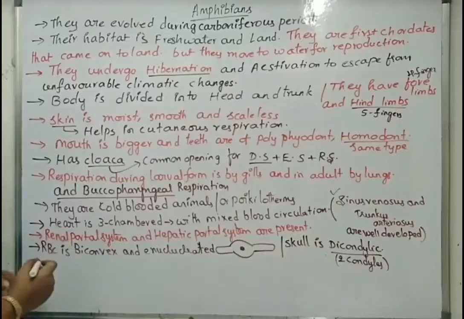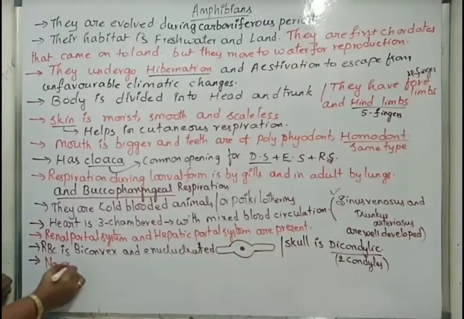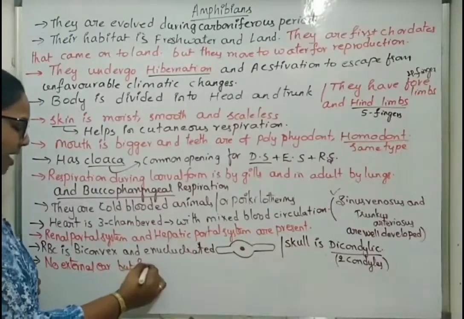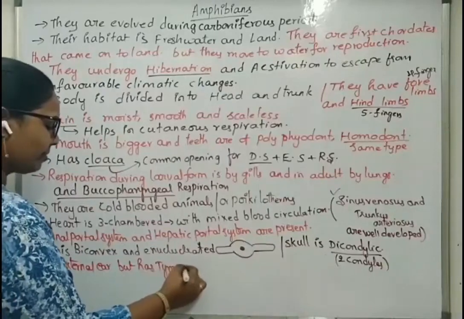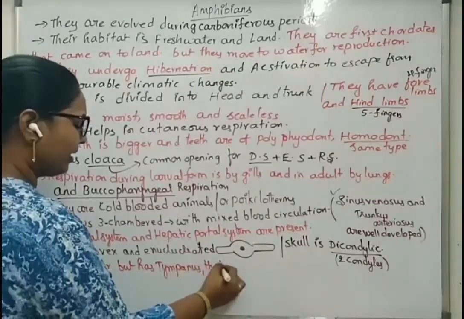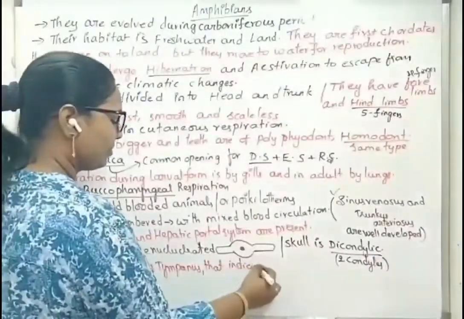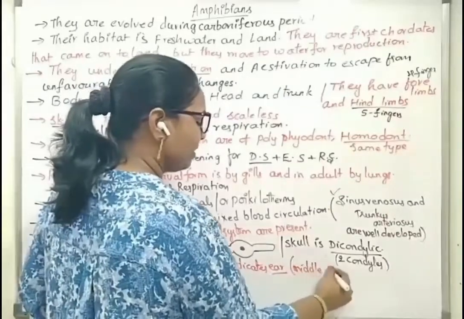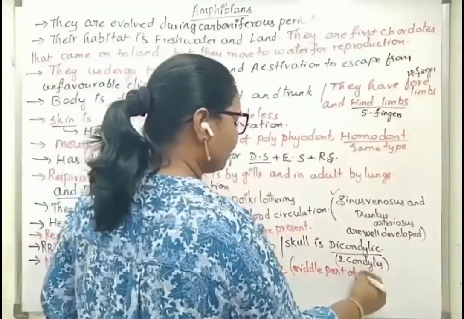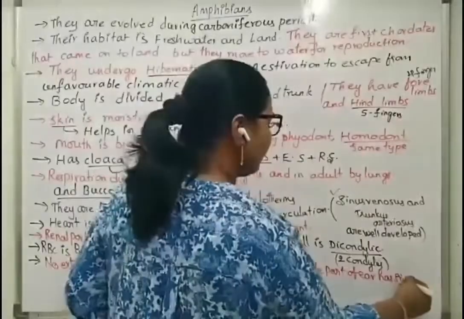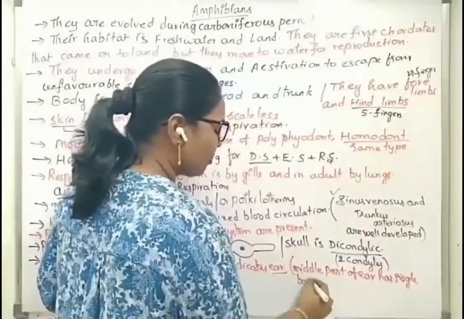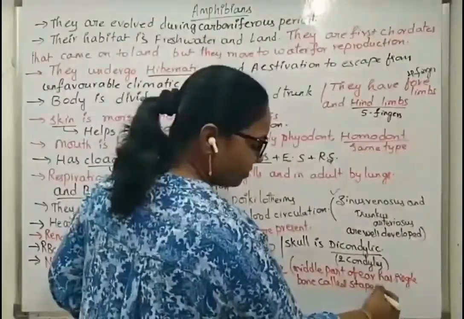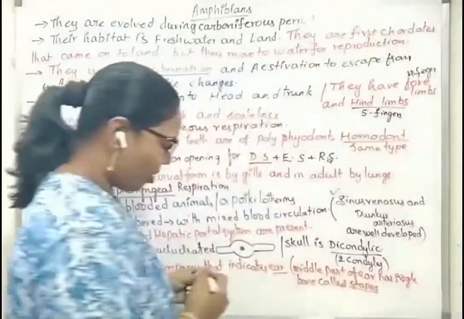There is no external ear, but it has a tympanum that indicates the ear. The middle ear has a single bone, the smallest bone, called stapes. Stapes is also termed as columella.